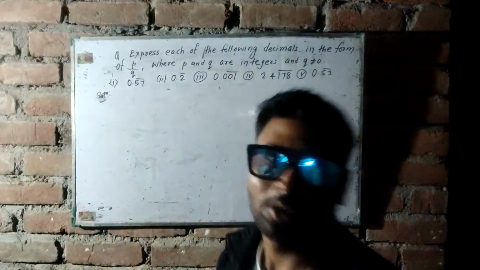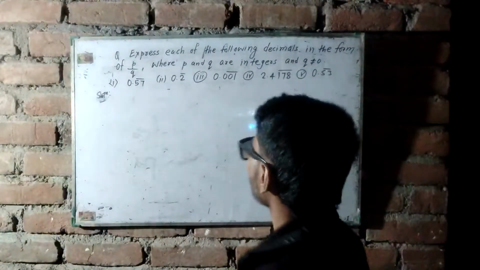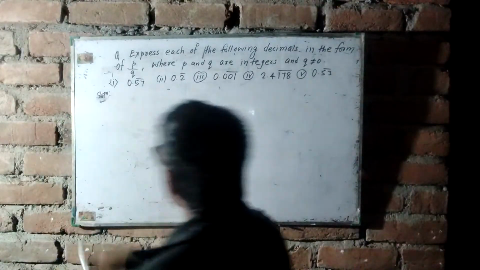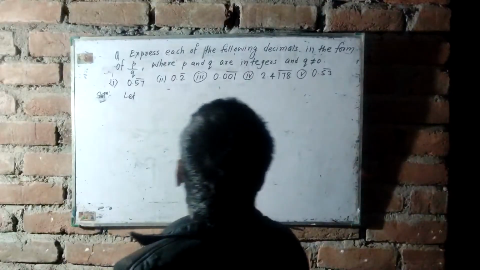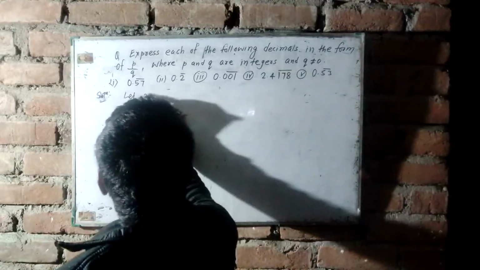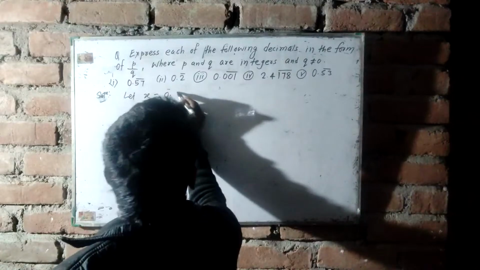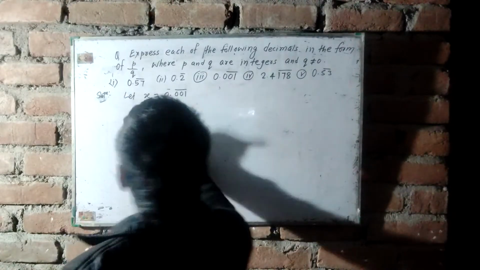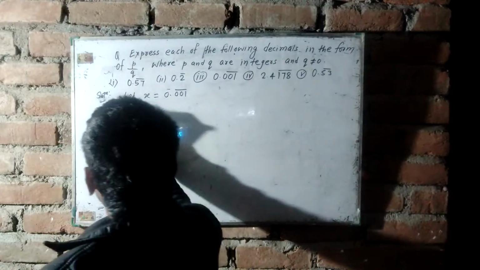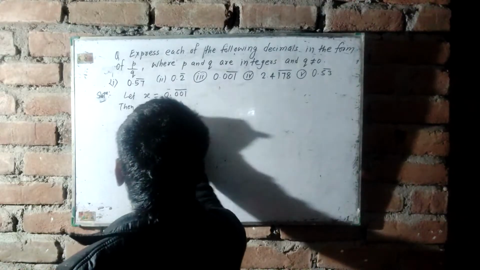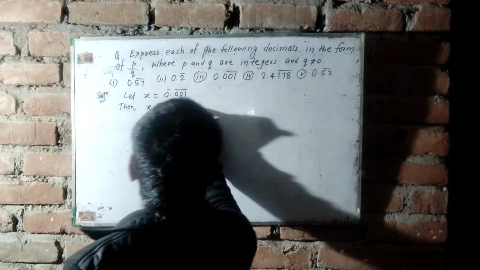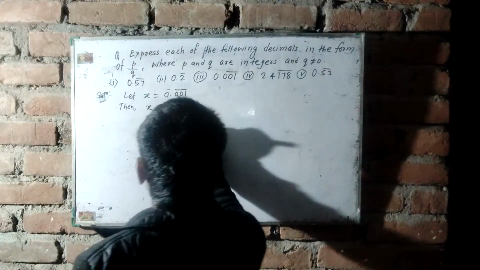Have a look, guys. Solution of next questions. Question number 3. Let x be equal to 0.001 repeating. Then we can write x is equal to 0.001001.